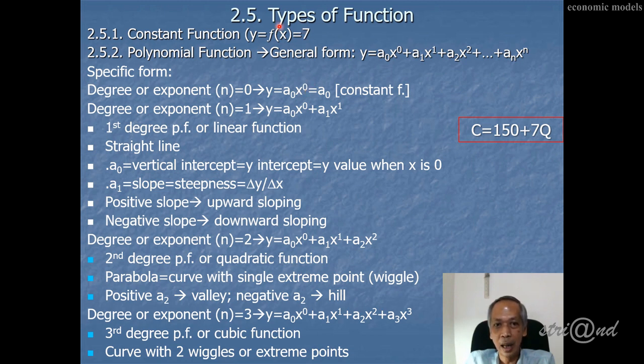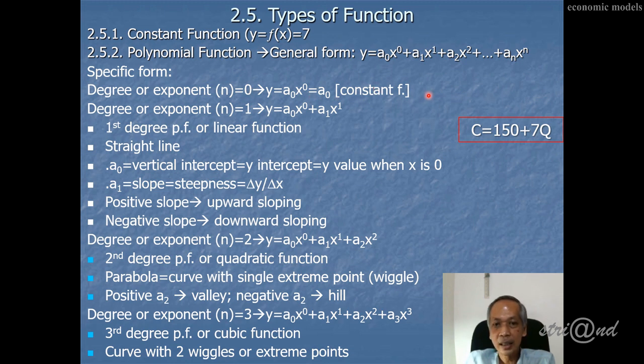In our example in the constant function, 7 times x to the power of 0 is the same as 7, because x to the power of 0 is 1. So the polynomial function in this first type, when the exponent is 0, is the same as a constant.